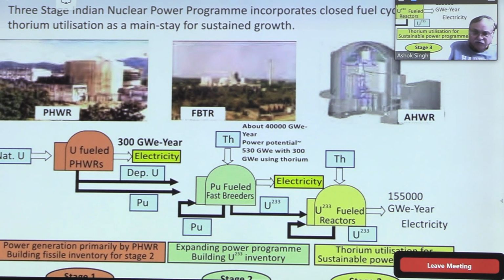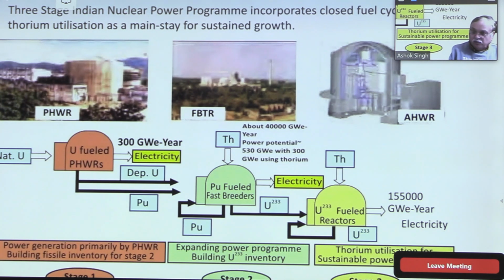The spent fuel. The fuel that has already been used, it has produced electricity. So you can think of it as waste materials. That spent fuel is reprocessed and that produces plutonium.